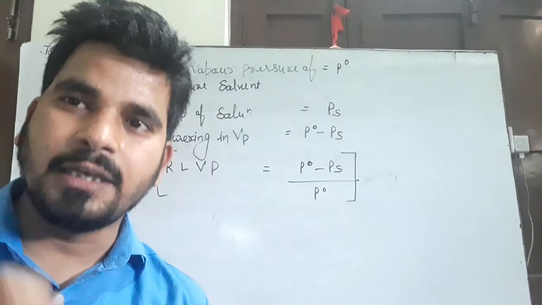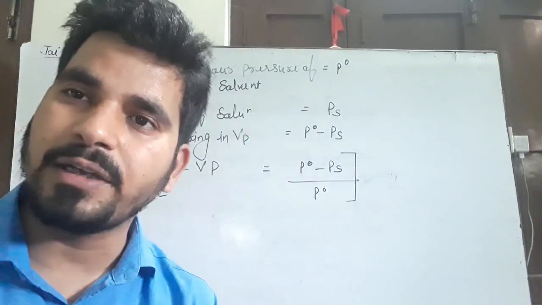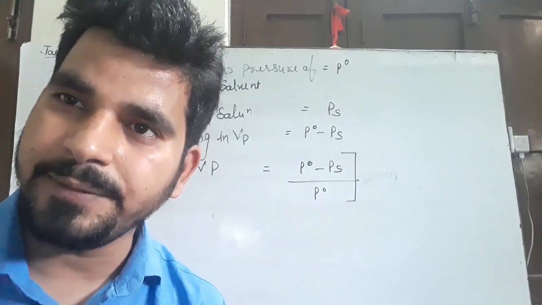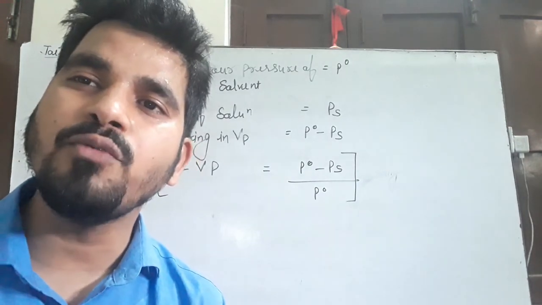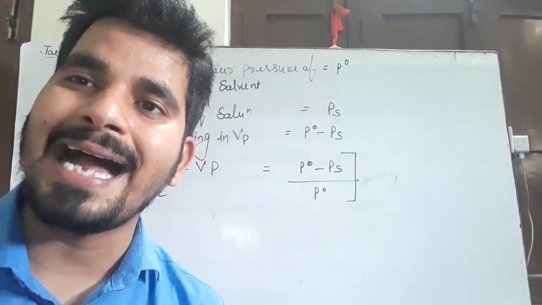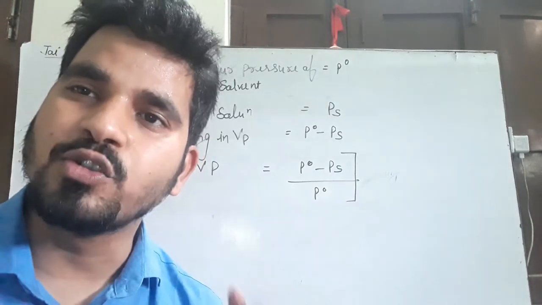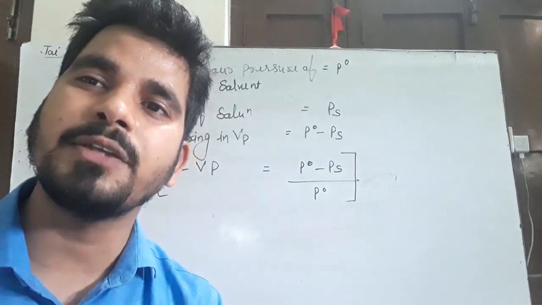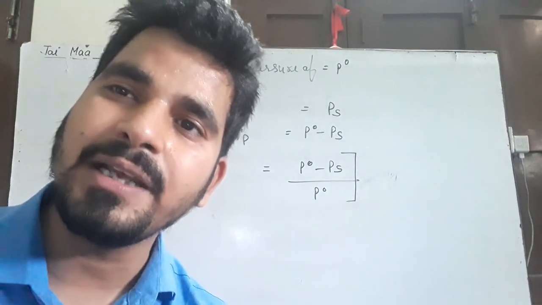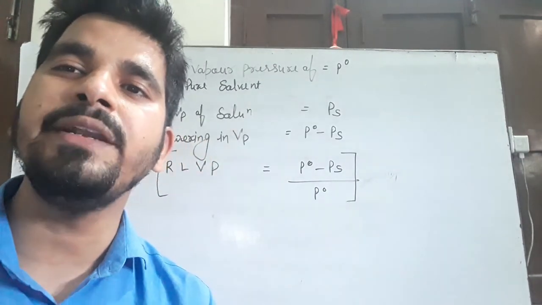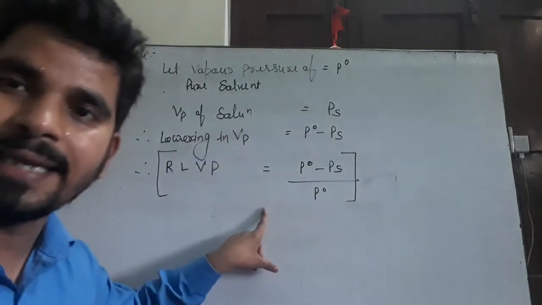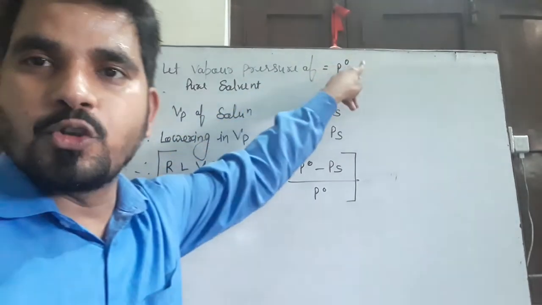So take a quick revision, dear children. What is relative lowering in vapor pressure? Decrease in vapor pressure of solution when some non-volatile solutes are added into solvent is known as lowering in vapor pressure. The ratio of lowering in vapor pressure and vapor pressure of pure solvent is known as relative lowering in vapor pressure. We have gone like this. Vapor pressure of pure solvent is P naught.